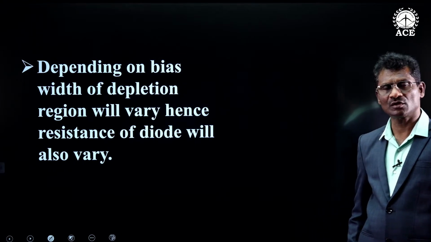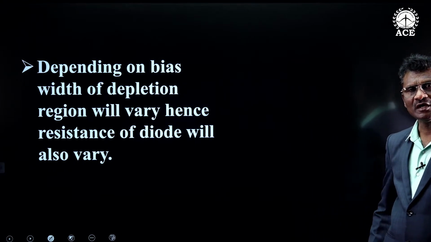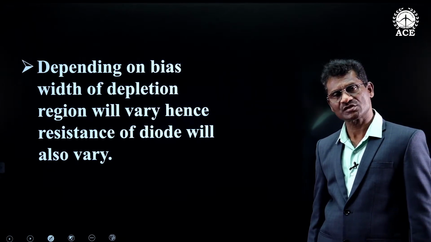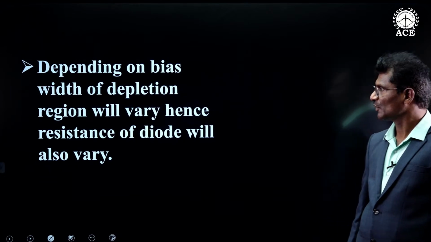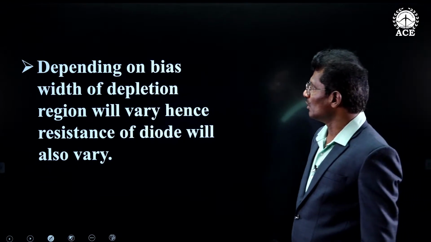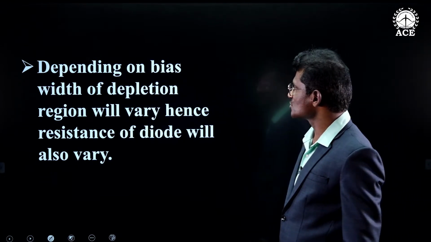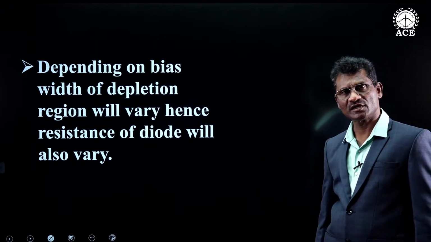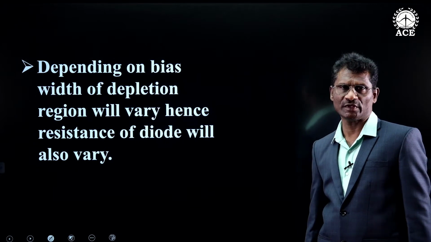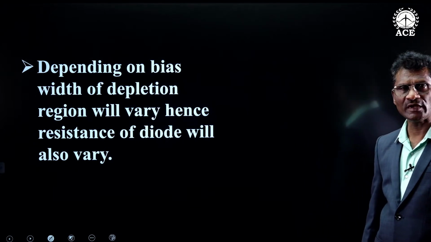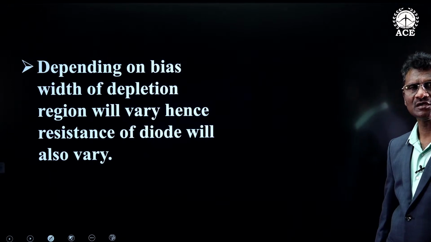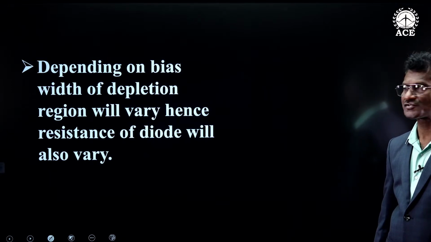But in PN diode, resistance will vary, depends on the state of diode, whether it is forward biased or reverse biased. So depending on bias, width of depletion region will vary and hence resistance of diode will also vary. Let us see why the resistance will vary based on width of depletion region or based on bias.